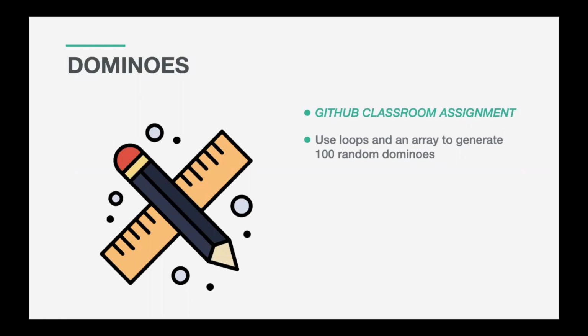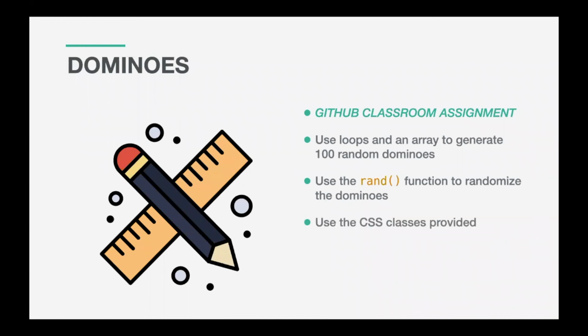All you need to do for this assignment is to create the PHP that will output the proper HTML. You will be using the rand function to randomize the dominoes. And then you'll use the CSS classes that are provided, along with the HTML template, which I provide for you. You'll submit the repository URL to Brightspace, and this is also due next week.